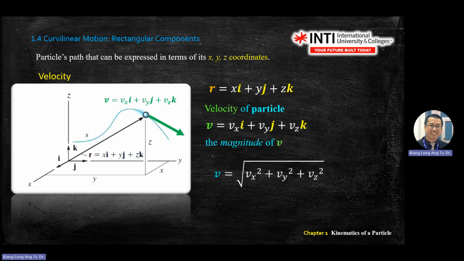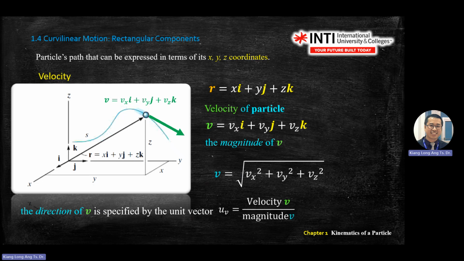How to get the direction? You take this one divided by this one. The answer was the i, j, and k direction. You take this one divided by this one value. This is still in vector form. You take vector divided by value, you still get a vector answer. Direction was still in the form something i plus something j plus something k.